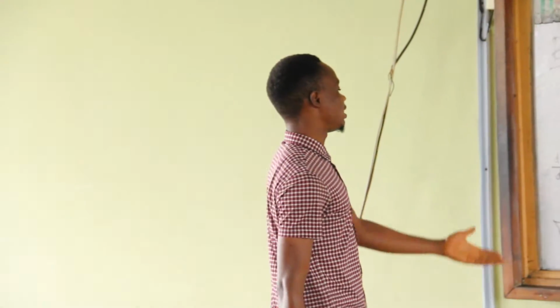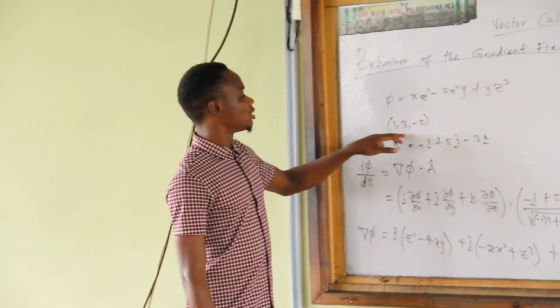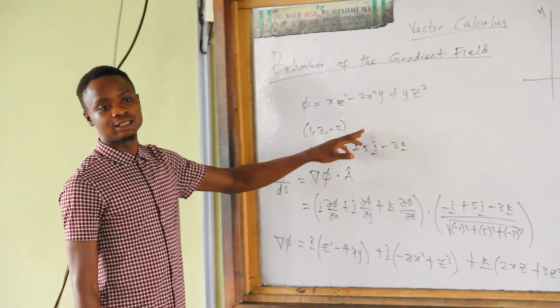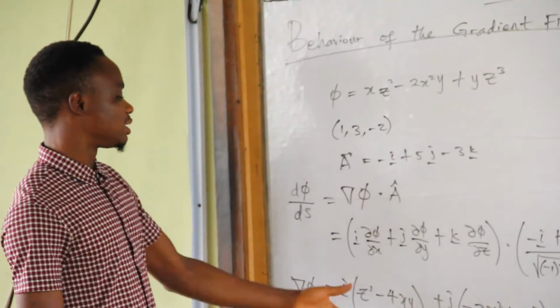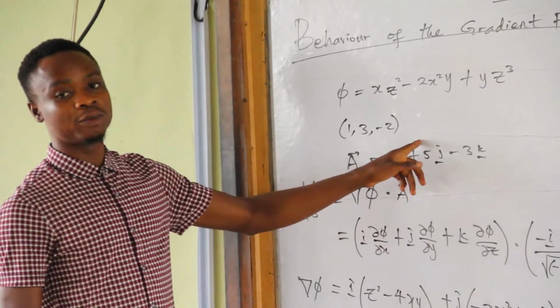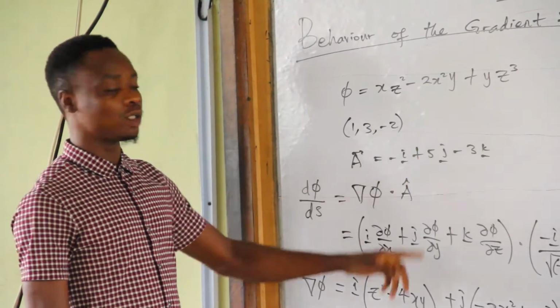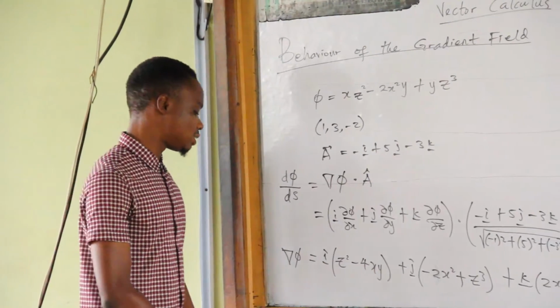Is it clear? So it's the same approach here. I just want to substitute the values of x, y, and z into this. That means we are evaluating this at this particular point. Does that make sense to you? So we can do just that and evaluate this at that point.